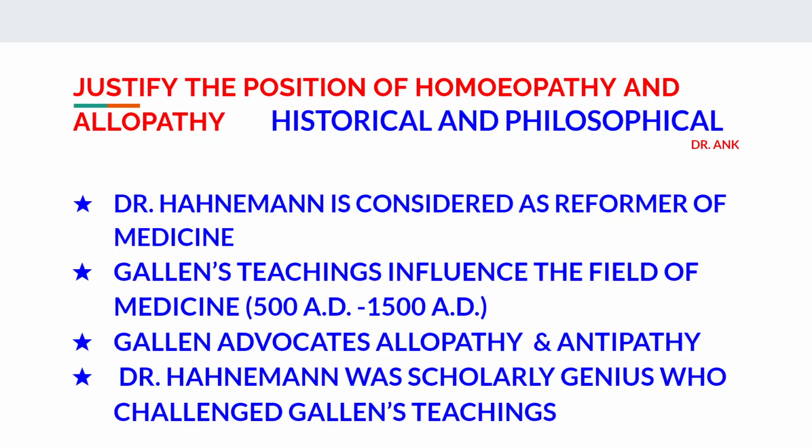Apart from this, the medicines are tested not on lower animals but on healthy human beings. So this is the fundamental difference between the current system which existed at Hahnemann's time, called the old school, and Hahnemann's homeopathy. So Hahnemann is considered as reformer of medicine.